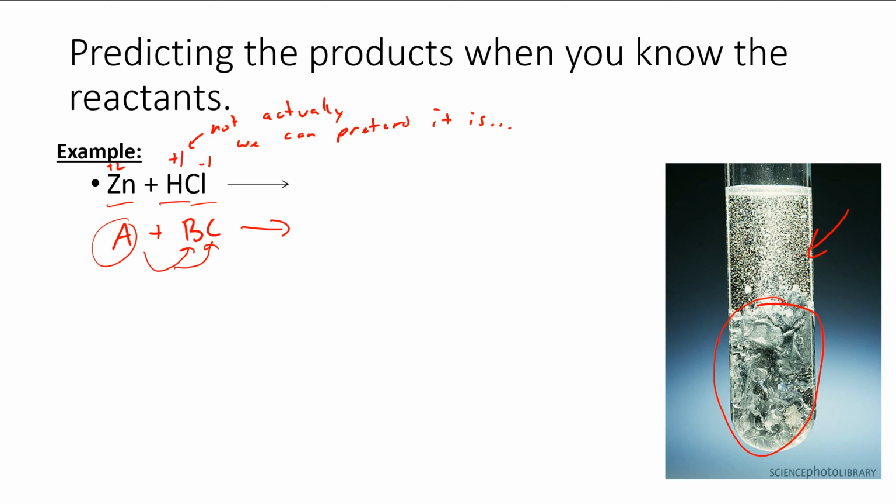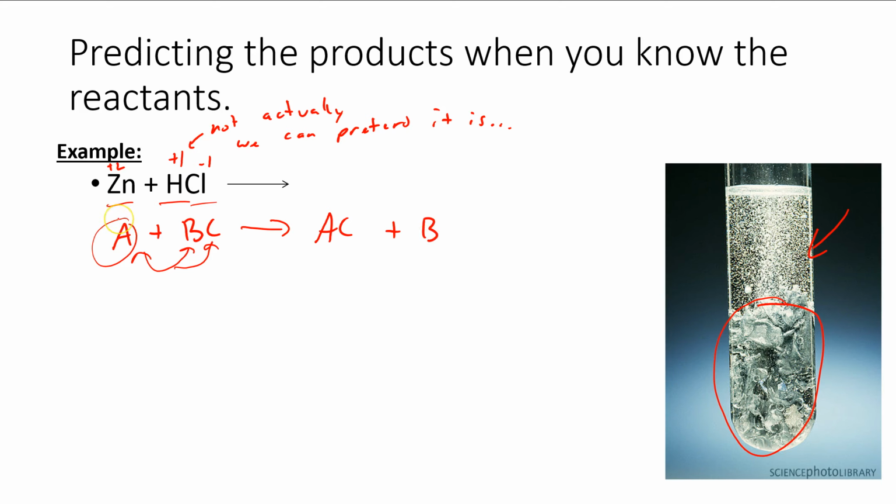Because zinc and hydrogen, in terms of ionic compounds, are not likely to form. Hydrogen is weird. But anyways, what is zinc likely to combine with in this reaction? It is likely to combine with chlorine. So A is going to replace B, and I'm going to get AC plus B in this reaction.